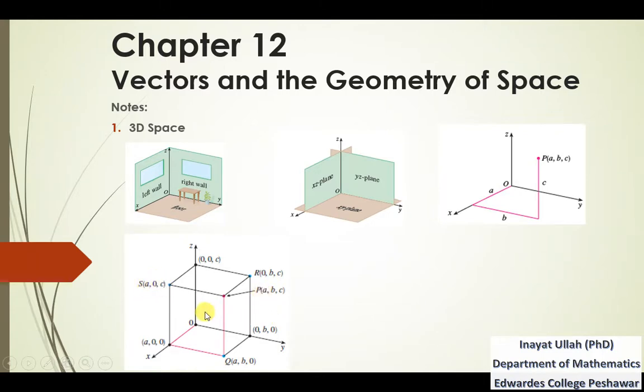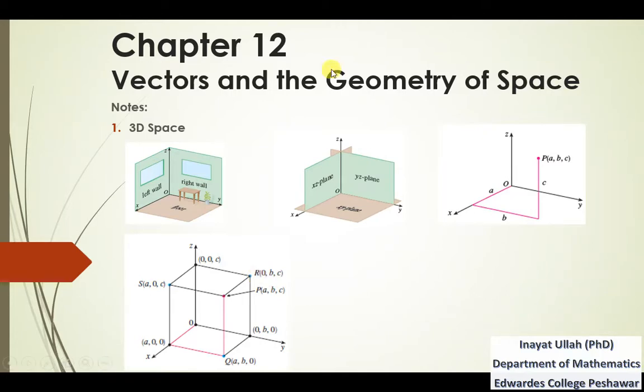Now that point P is named as S on this plane. Similarly, if you put a light from this side, the image of this point will be on yz plane, and on yz plane x will be equal to 0, so that's why this a is 0 and b and c remain the same. And now this point is denoted by R.